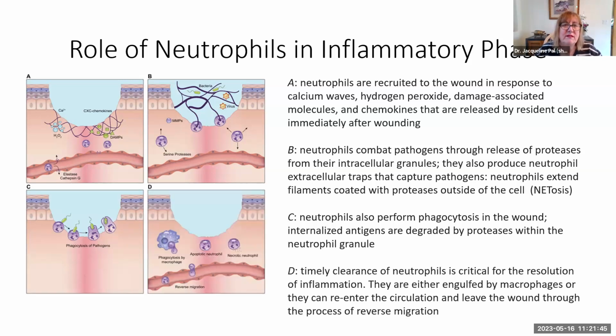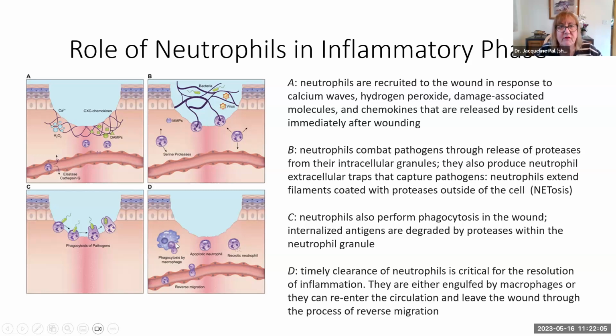So what's going to happen is this is really going to peak at about 48 hours after injury. And by 72 hours, remember, we have our friend, the monocyte, undergoing diapedesis, and they're forming large macrophages.